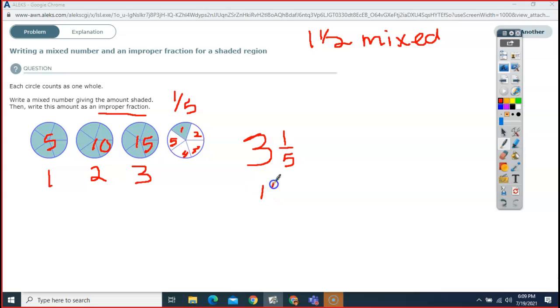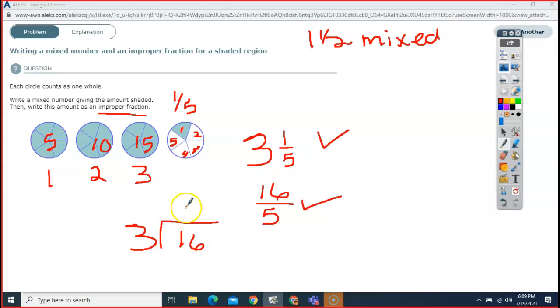So I have a total of 16 out of 5 cuts. This mixed number and this fraction, the improper fraction, are the same thing. It's improper because you could do division here. 5 goes into 16 3 times.